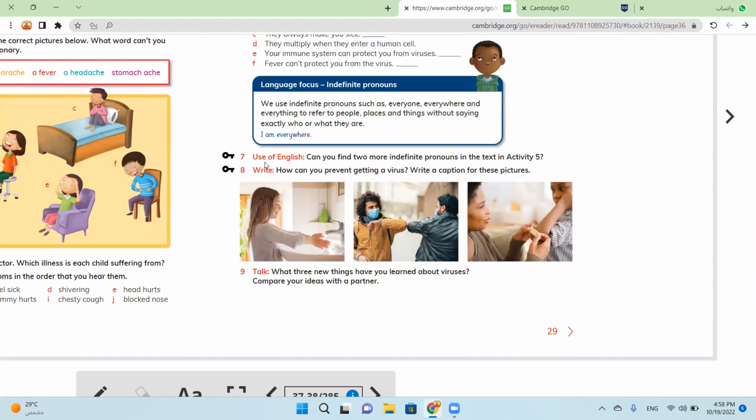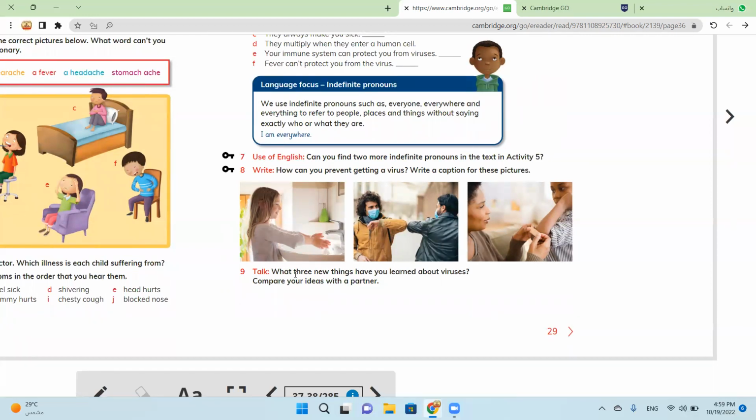Activity 7, like we did now, two indefinite pronouns. Activity 8, write. How can you prevent getting a virus? Write a caption for these pictures. We have 3 pictures in activity 8 that help us prevent getting a virus, like not touching, washing your hands, and stitching your wounds.